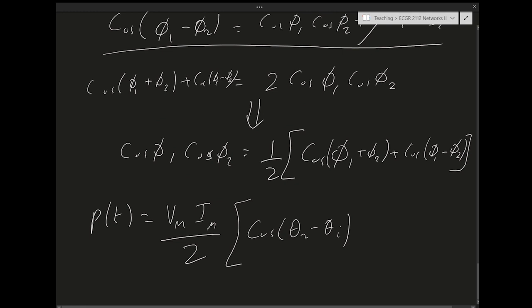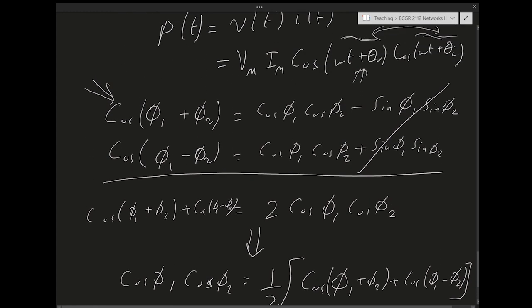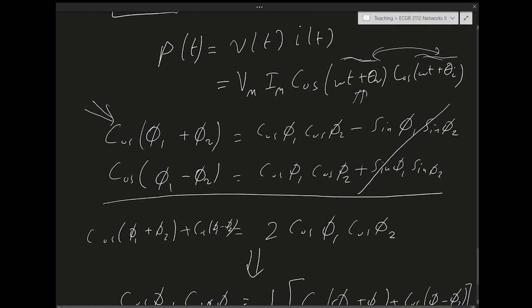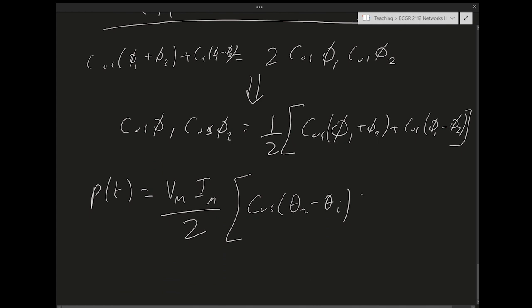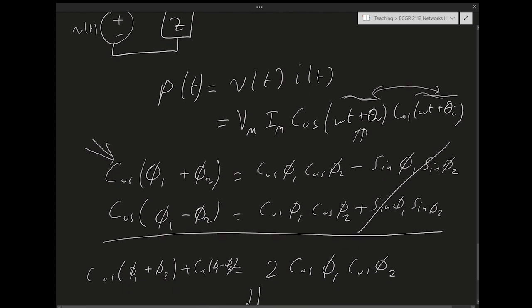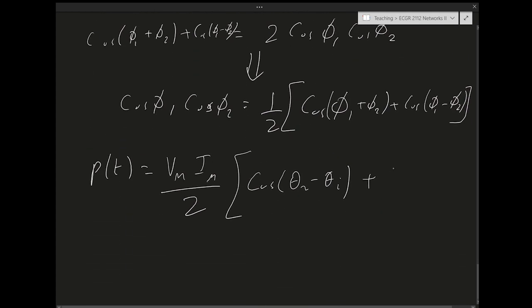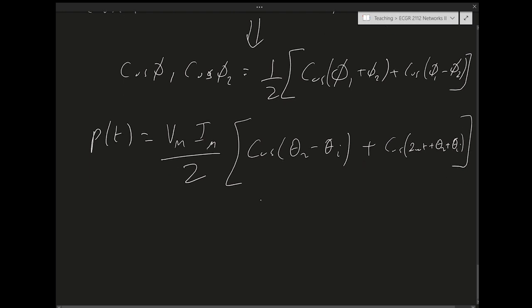Yeah, it doesn't matter because cosine is an even function, right? And then plus the sum of those two, so I end up with cosine of 2 omega t plus theta v plus theta I. Okay, so this is the instantaneous power.